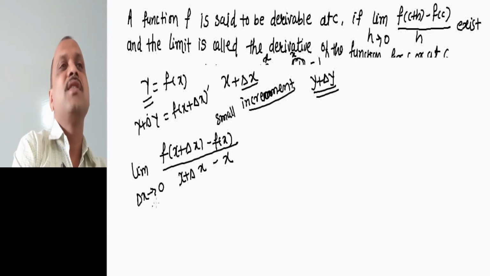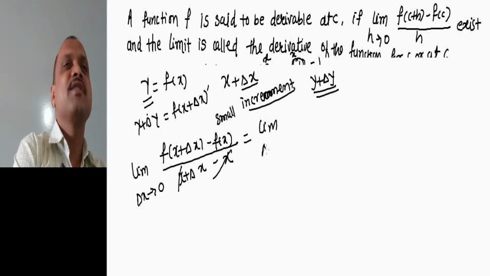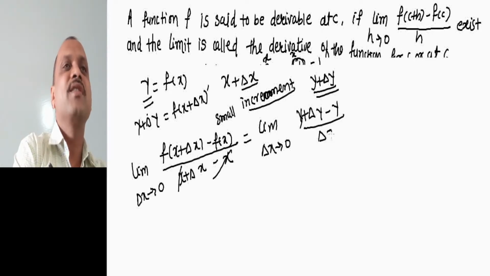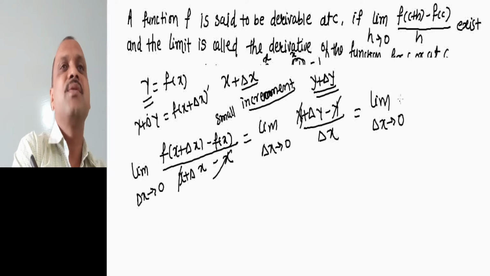The x get cancelled, and this will be limit delta x tends to 0, f of x plus delta x, that is y plus delta y, minus f of x, that is y, divided by delta x. The y get cancelled, and we have limit delta x tends to 0 of delta y divided by delta x.